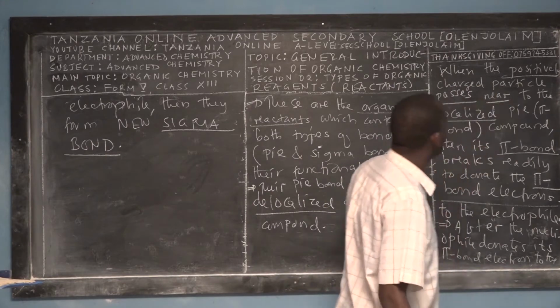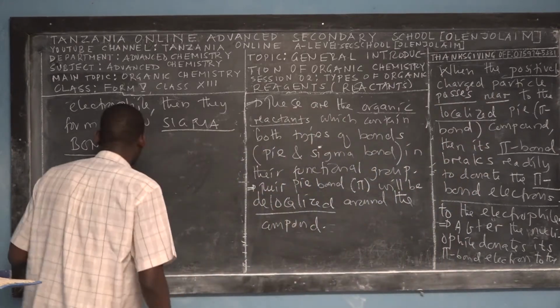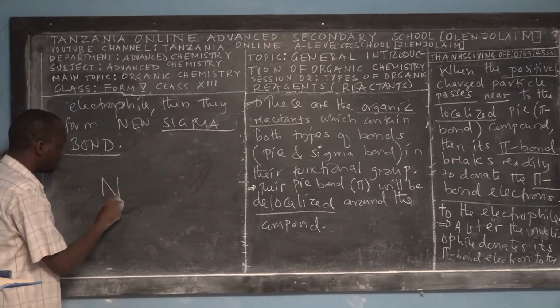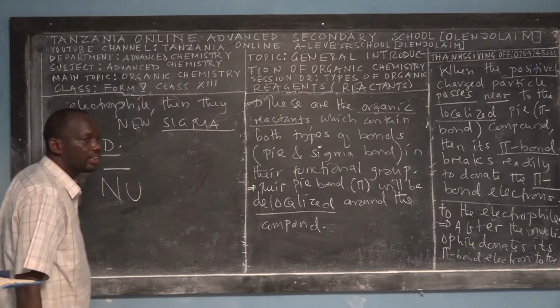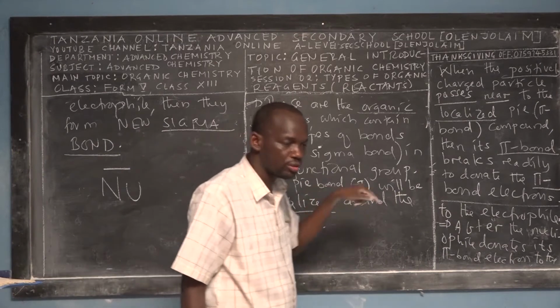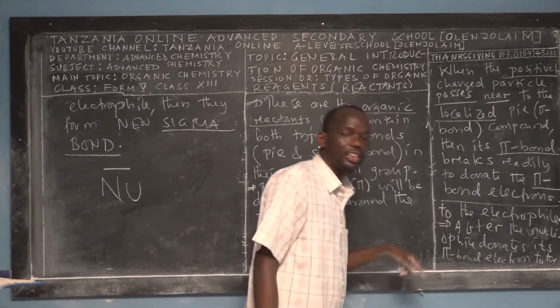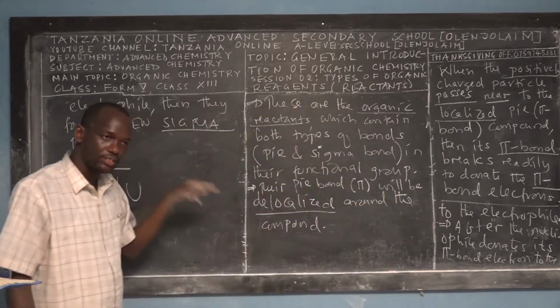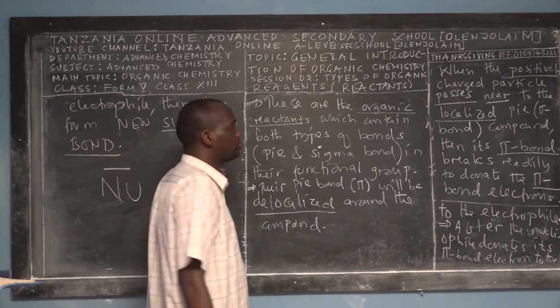When a positively charged particle passes, suppose here we have a nucleophile. We say the nucleophile loves what? Nucleus. Right? Nucleophile loves the nucleus of an atom, so it's rich with electrons.